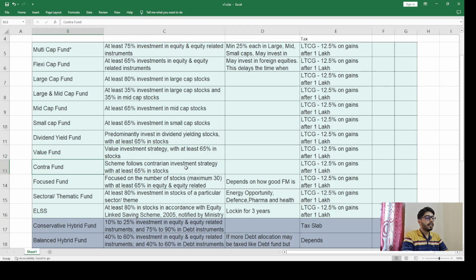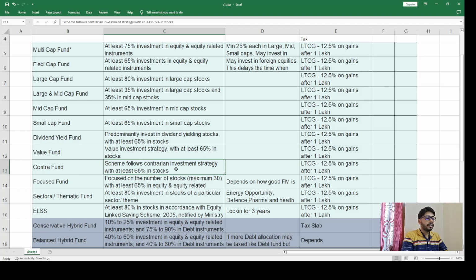So Contra Fund is another investment strategy wherein the fund manager selects stocks which are against the trend. There may be business cycles, some news in the market or some economic factors that might affect some sector or particular businesses.